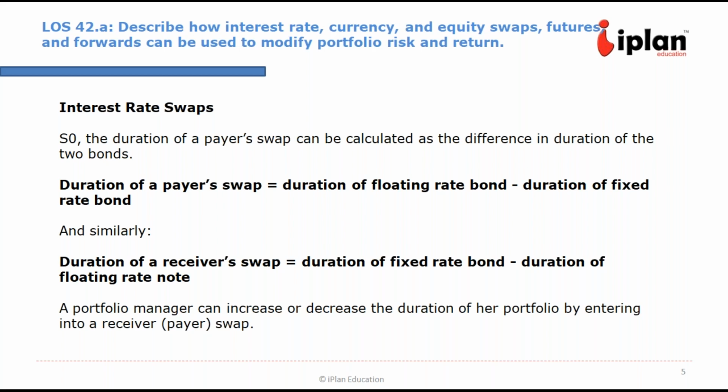Also, if you're going into an interest rate swap, you have to make sure whether your position is fixed rate or floating rate, because fixed rate bonds normally have lower durations than floating rate bonds. So by getting into reduced duration bonds, they can reduce the portfolio risk.